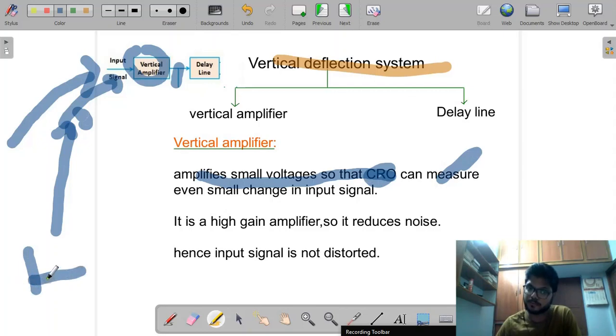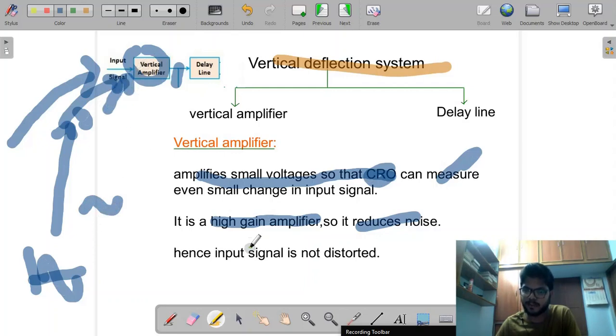So this amplifier amplifies to the required strength. It is a high gain amplifier, so it reduces noise. Noise is a general disturbance in communication such that our signal is affected by it. So this amplifier won't allow noise, and the input signal is not distorted.